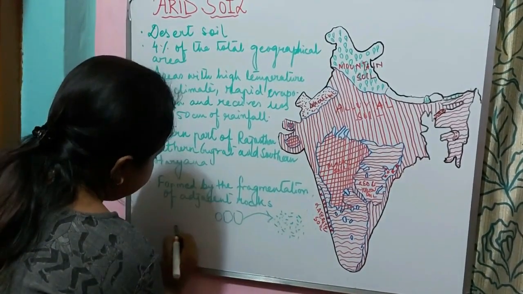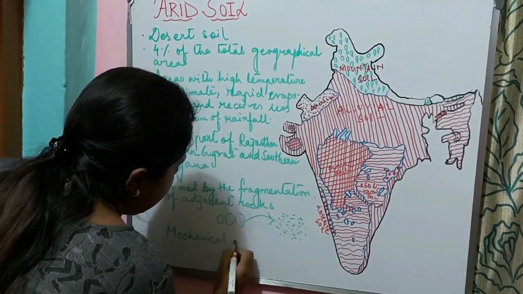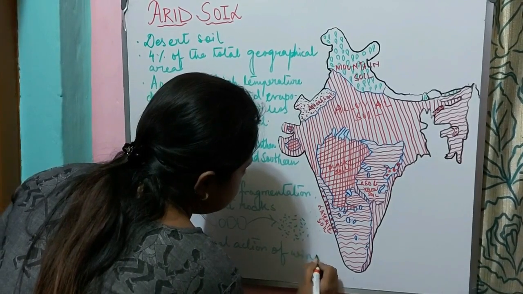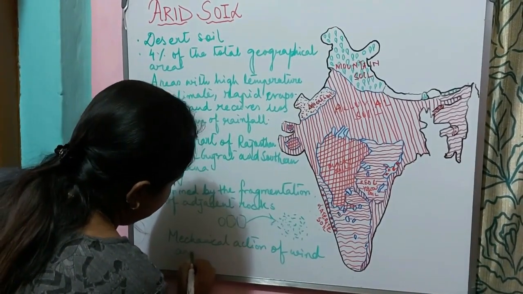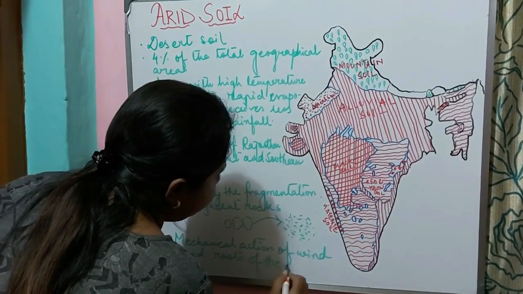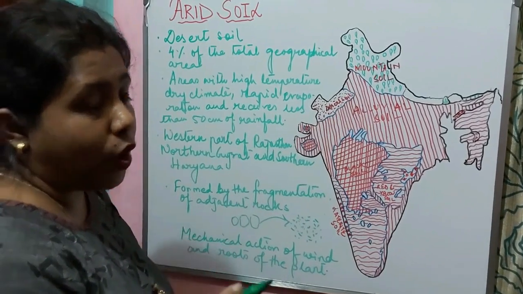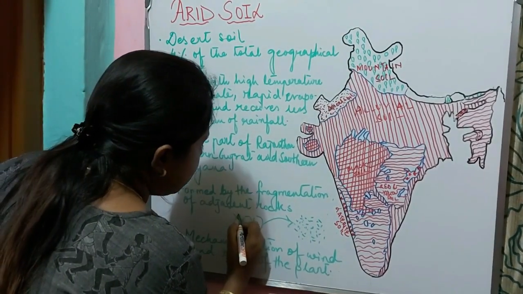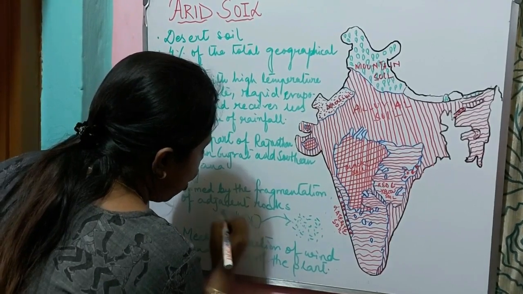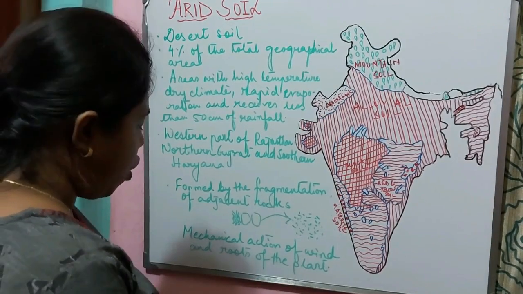So we can say it is by the mechanical action of wind and also by the roots of the plants. I hope all of you remember I explained during the formation of soil how the roots of the plants break the rocks into smaller pieces and help them to form soil.